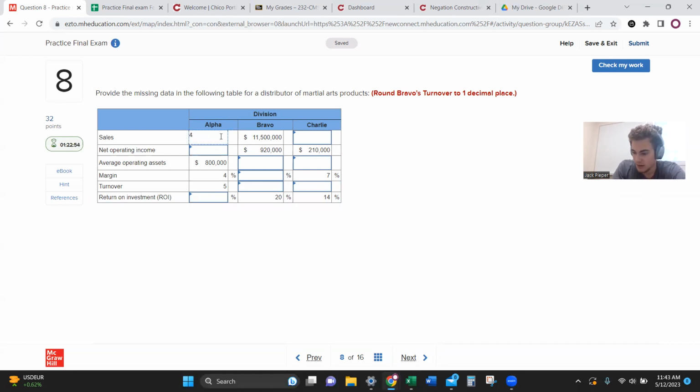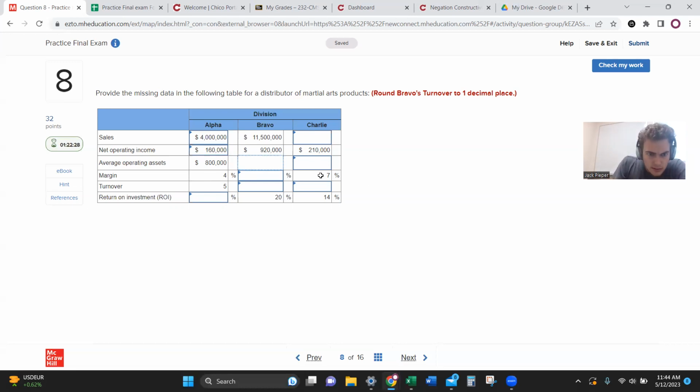We know our sales are 4 million. Okay. And so then we can do our sales times our margin to get our net operating income. So times 0.04, that's 160,000.